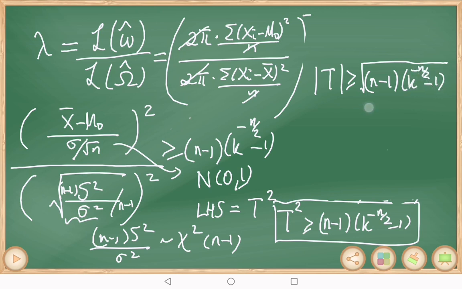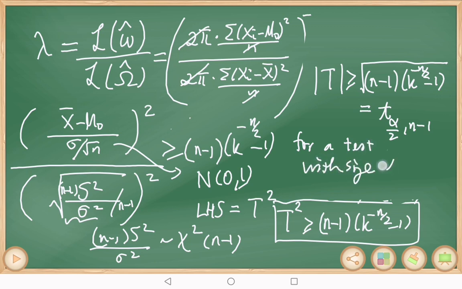Okay, and this is equal to t alpha over 2, n minus 1 for a test with size alpha, right?